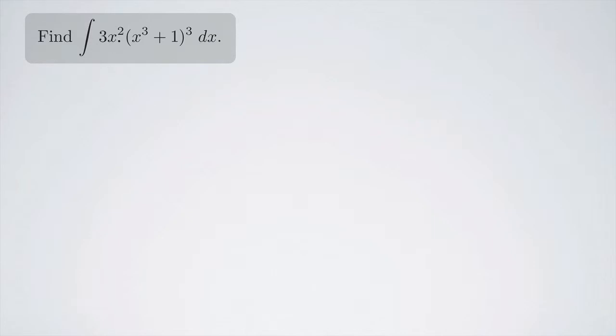So really there's two choices here. We could try 3x squared, or we could try x cubed plus 1. So if we tried 3x squared, you would let u, and again that's the letter I'm going to pick to represent our substitution here, we would let u equal 3x squared, okay?